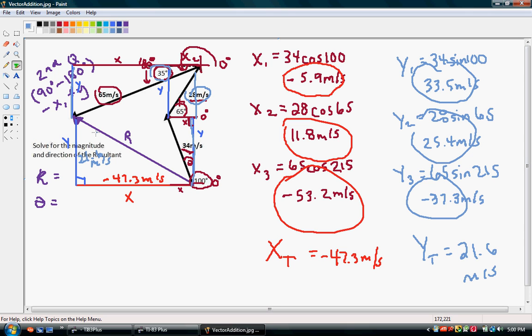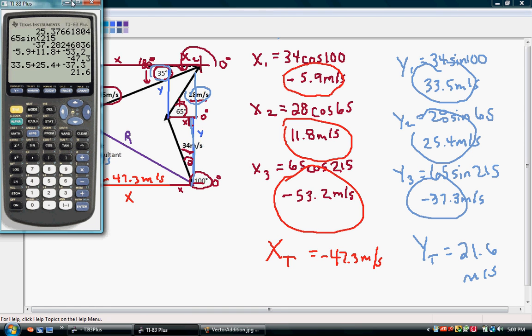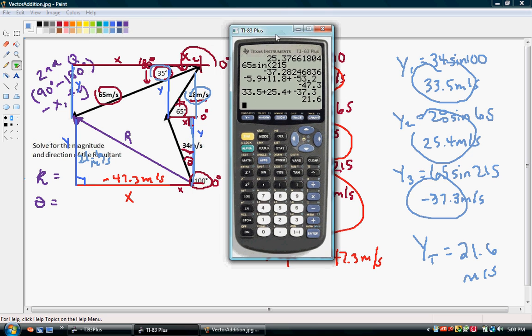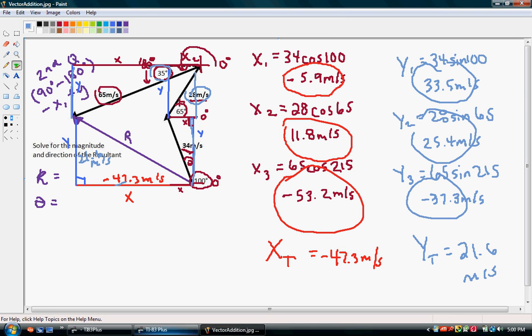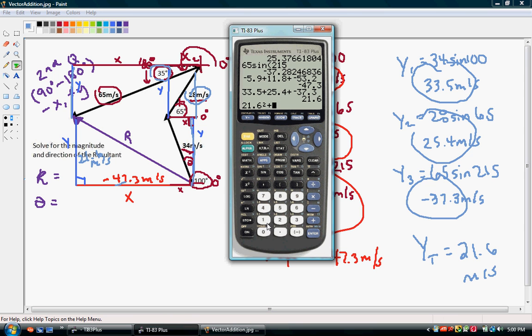Alright, now we can find the length of our resultant because we know the total x from the three vectors and the total y from the three vectors. So what we're going to do is use the Pythagorean theorem. So 21.6 squared plus, and now a negative number squared is going to be a positive number, so you can either choose to just skip using the negative, or if you're going to use the negative to keep your information correct, you need to put your information inside parentheses.